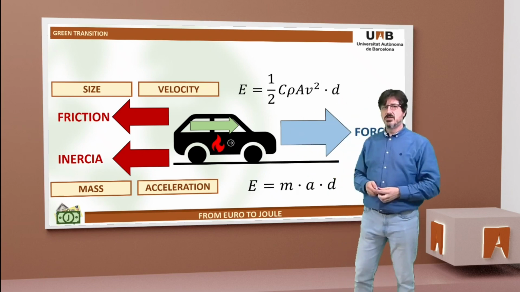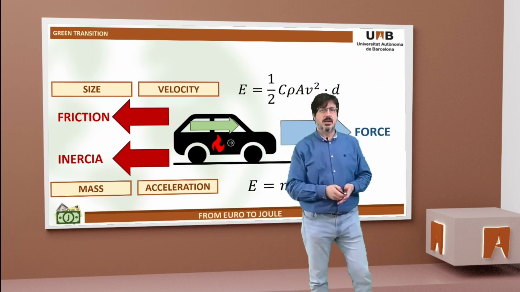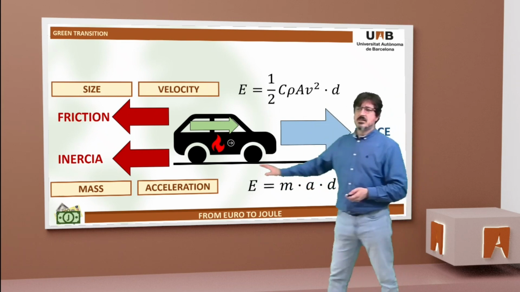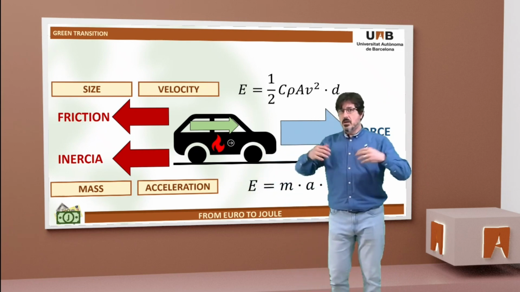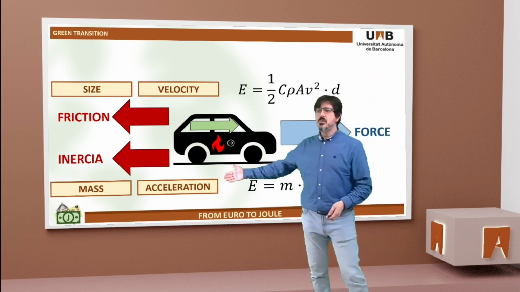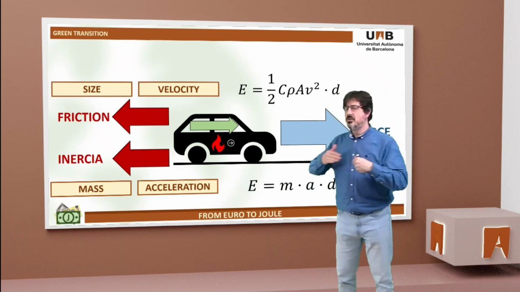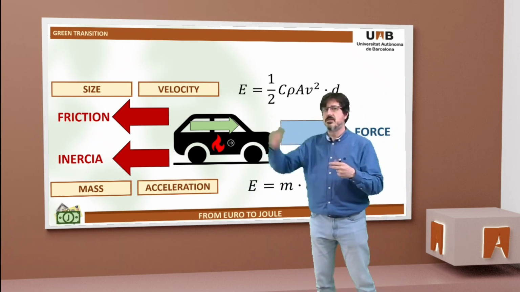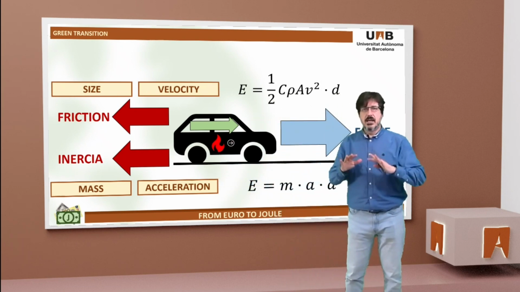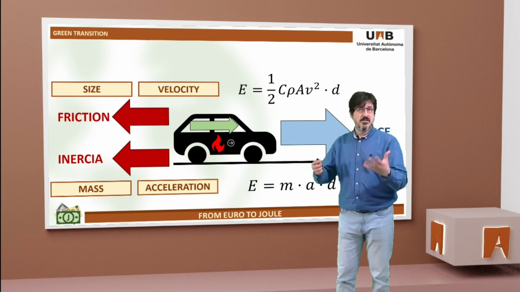And inside the city, there are two equivalent magnitudes, but they're not exactly the same. We need reduced mass, so we need tiny vehicles that are light, not heavy, and we need to drive with small acceleration, so trying to be not impulsive, accelerating progressively and driving in a more calm way.